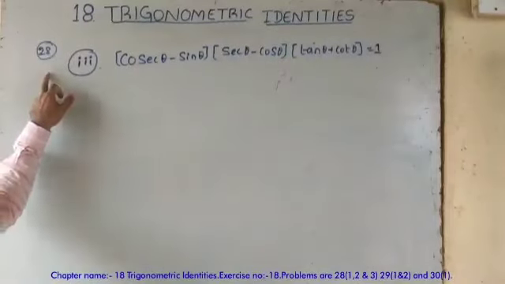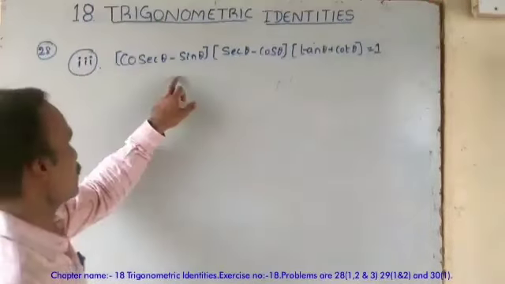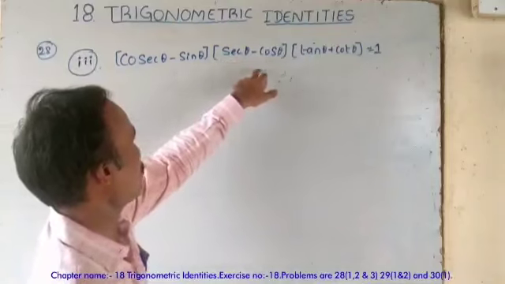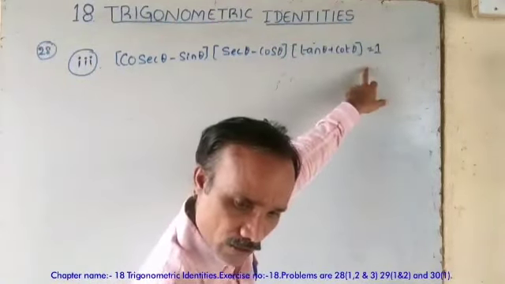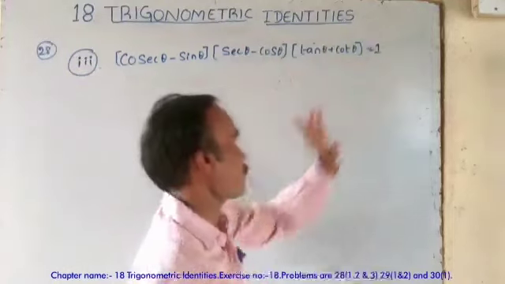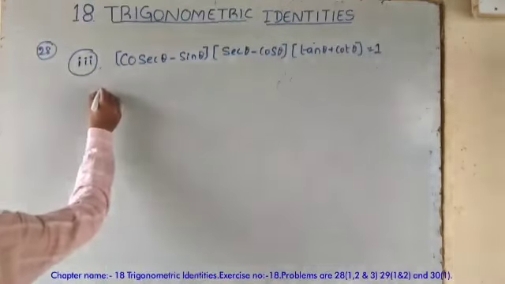Question 28, third one. (Cosecant theta minus sin theta) into (secant theta minus cos theta) into (tan theta plus cot theta). You have to show this value is equal to 1. Yes, LHS.